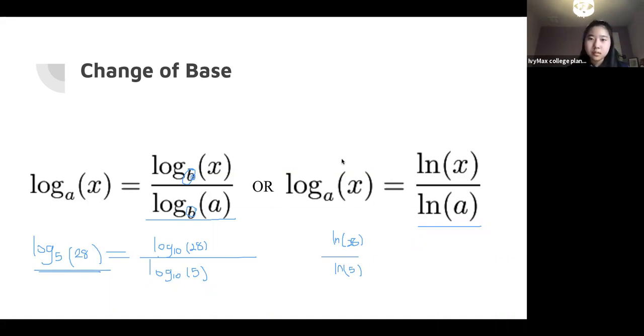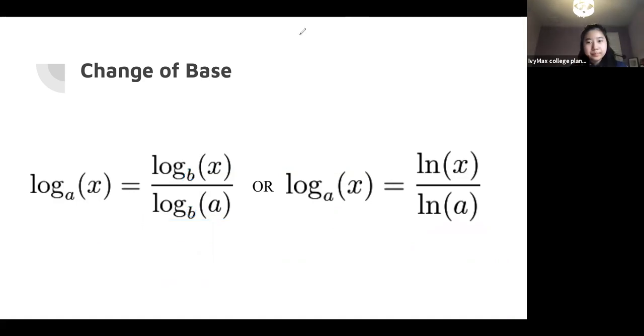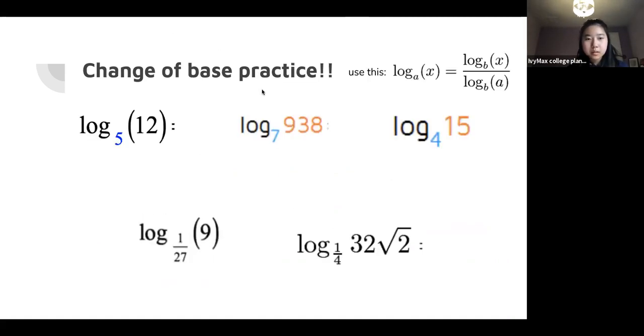Cool. Okay, so here is more practice about this. I will go over number 1 and number 2 with you guys, and then for the rest, try by yourself, and then we can check answers. So the first one we have log base 5 of 12. If you didn't write down your notes, I recommend you write it down anywhere, but you have this formula.